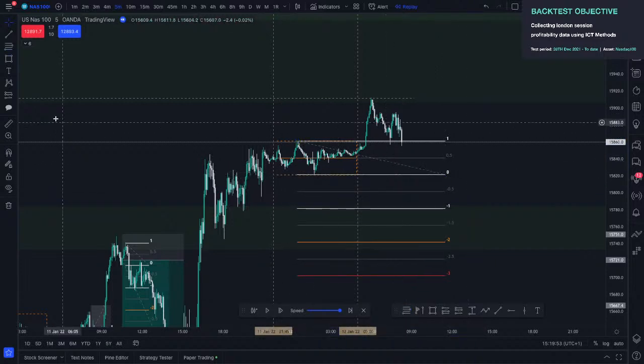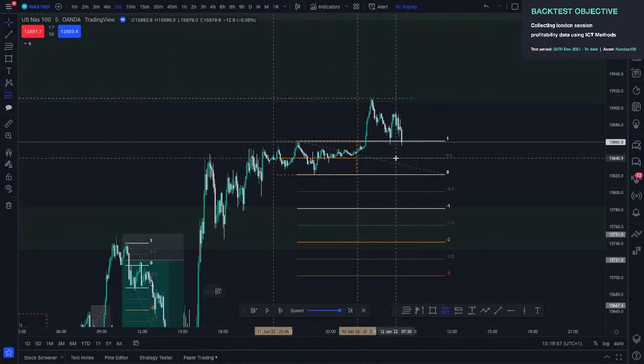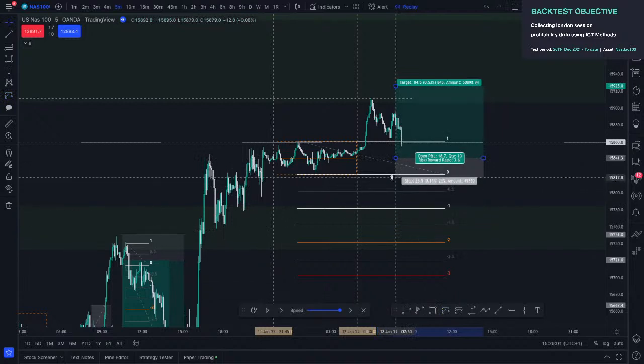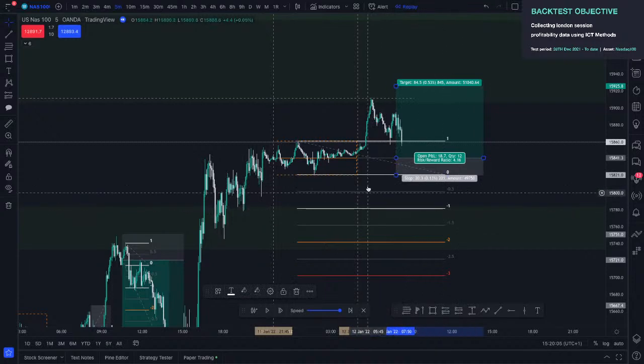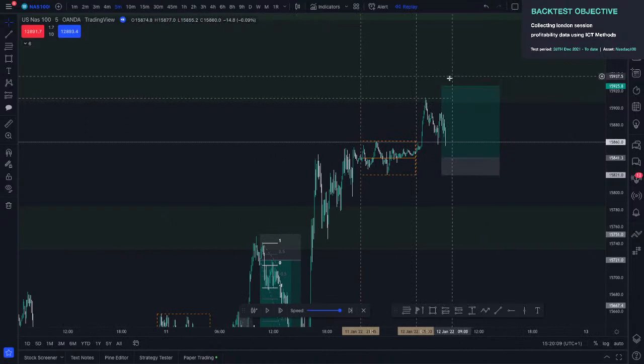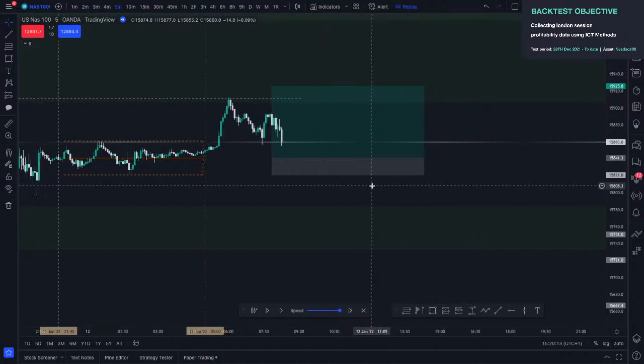Alright, you know what? I'm going to take a buy. I'm going to take a buy into the imbalance, and let's see what's going to happen from there. Probably going to be stopped out, but let me just test it. Let's take out this buy side. Also, it depends.